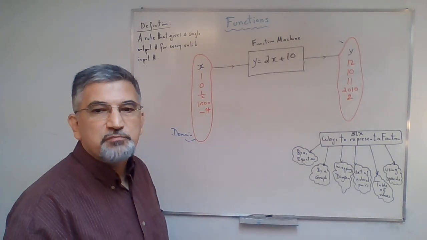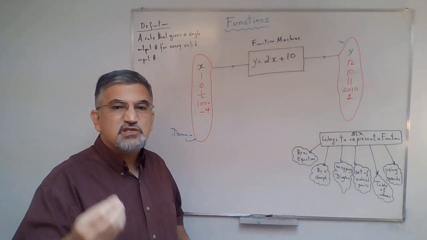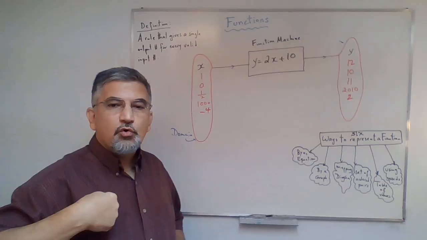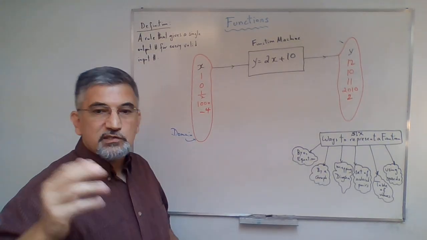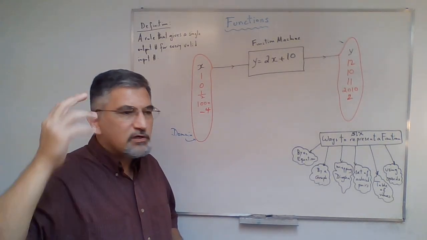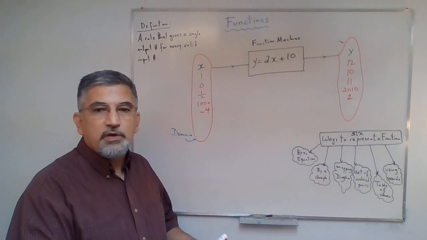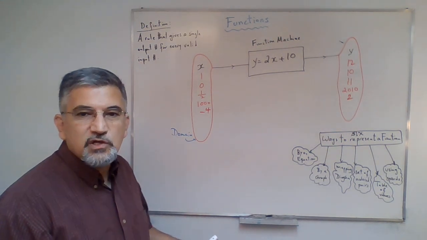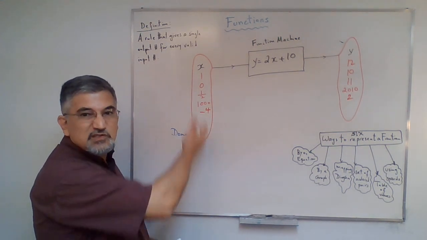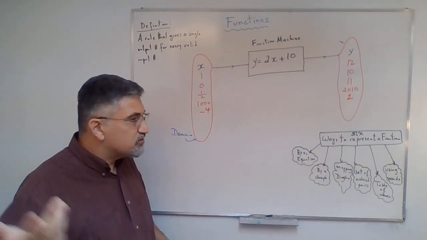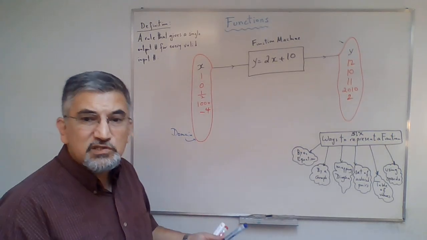Domain is not a type of fruit people eat, like an apple. Domain is a set of numbers. I know you have heard this word a lot in past courses, but you always scratch your head, what is domain? Well, domain is not a big deal. It's just the name of this set of input numbers. Everything all of a sudden becomes clear.